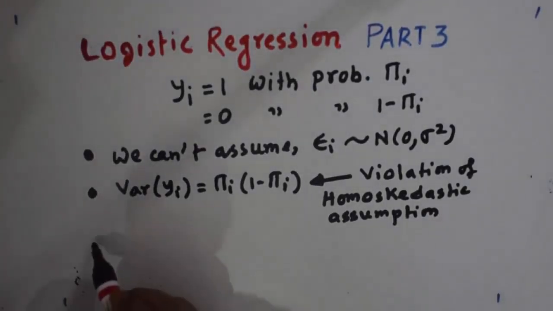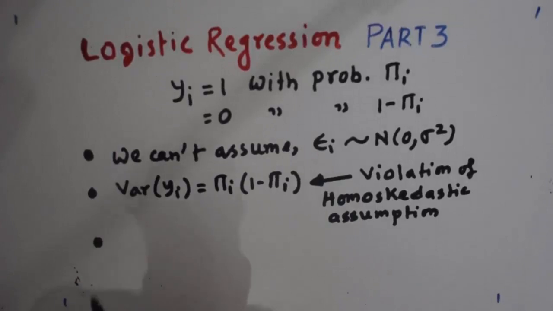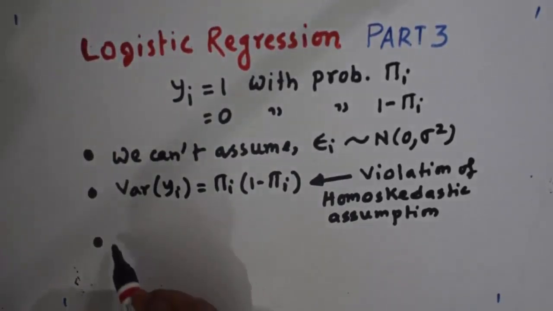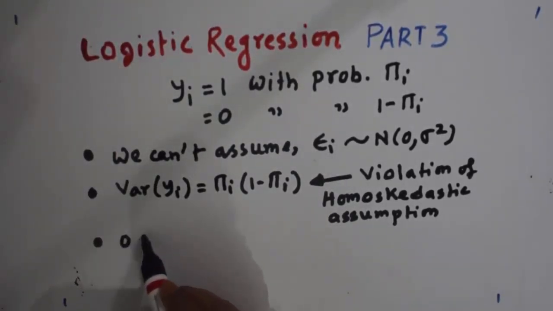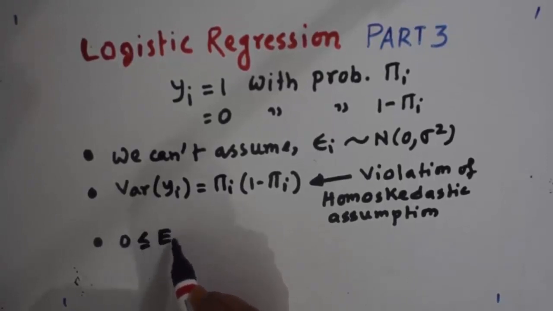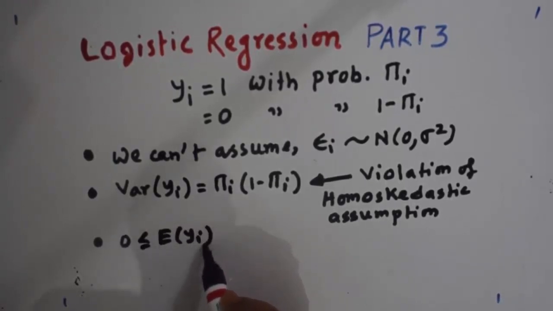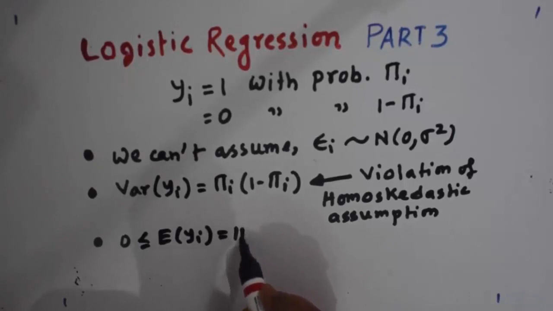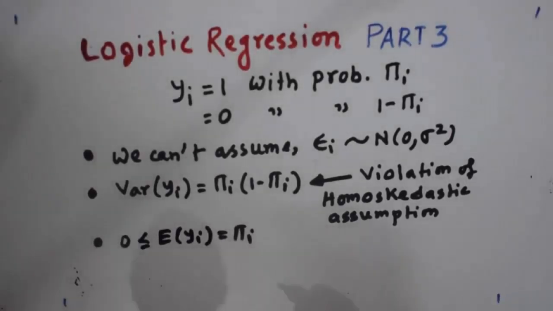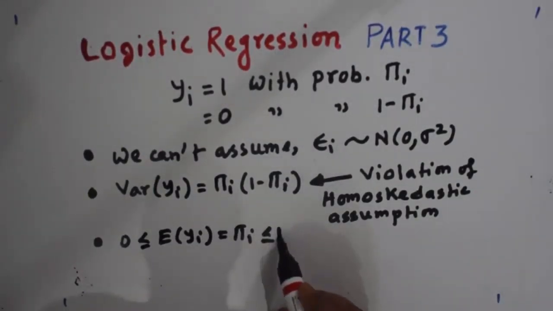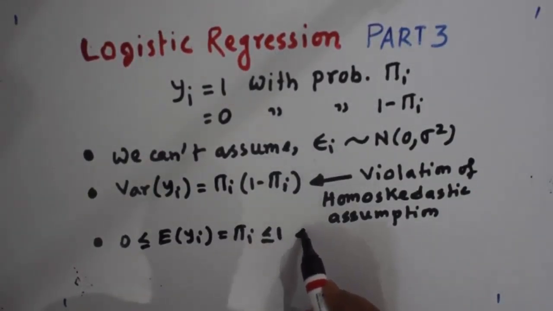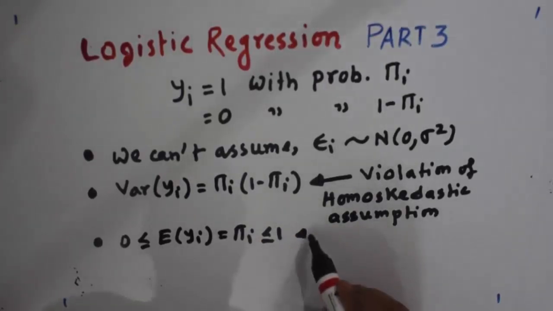And the third thing, expectation of yi, which is equal to pi i, this is nothing but the probability of yi equal to 1, lies between 0 and 1. So this is also what we observed.